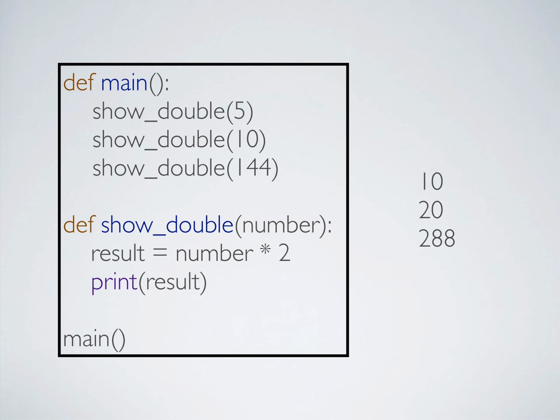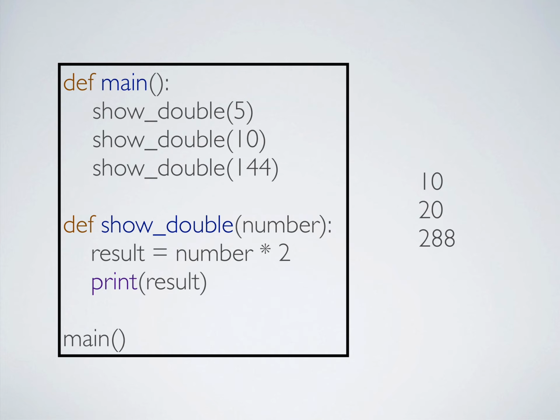So you should get this, right? So this program is using the same show double function that we had before, except in main it's calling it 3 different times. And each time it calls it with a different argument.